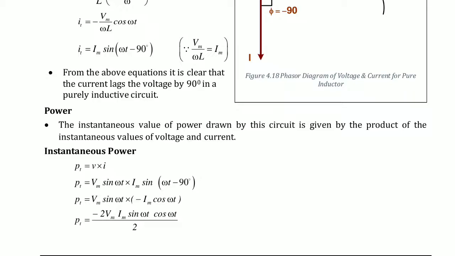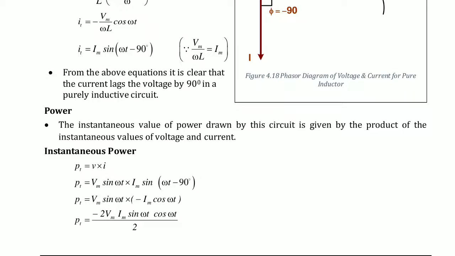So the instantaneous power is Vm sin omega t times minus Im cos omega t. Sin(omega t minus 90) is nothing but minus cos omega t. Multiplying and dividing by 2, the instantaneous power is equal to minus 2 Vm Im sin omega t cos omega t by 2.